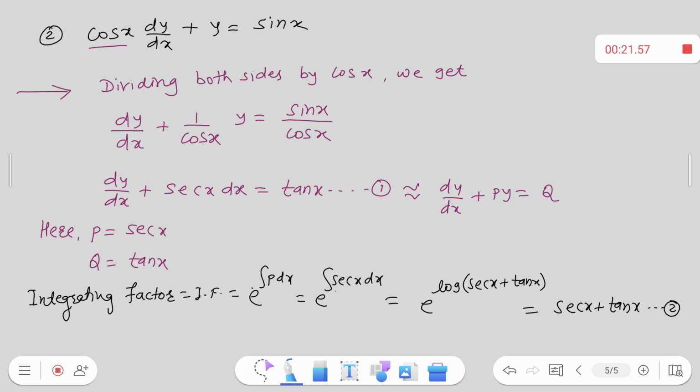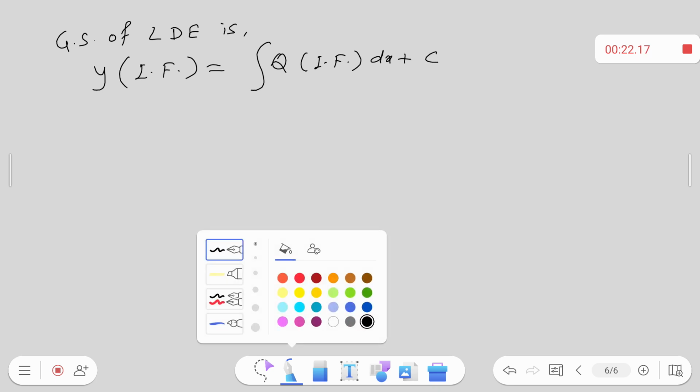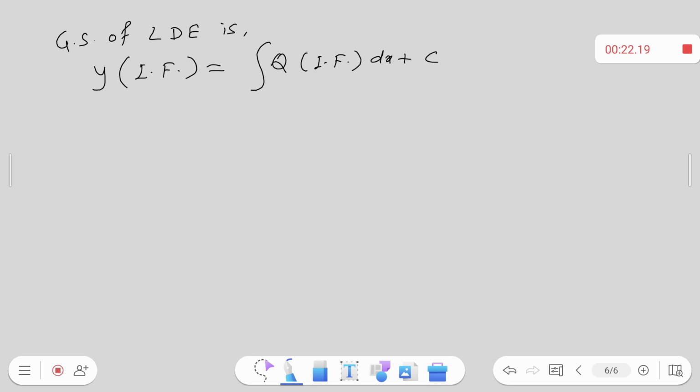Now the general solution. The general solution of a linear differential equation is y into integrating factor is equal to integration of q into integrating factor dx plus some constant of integration c. Now put the integrating factor.